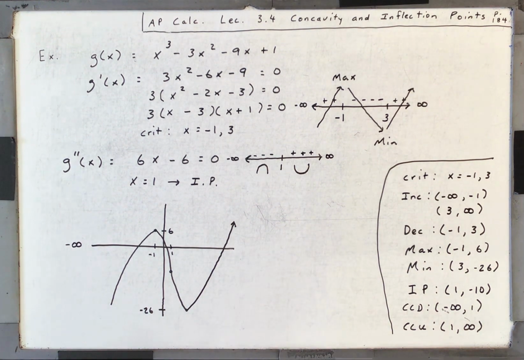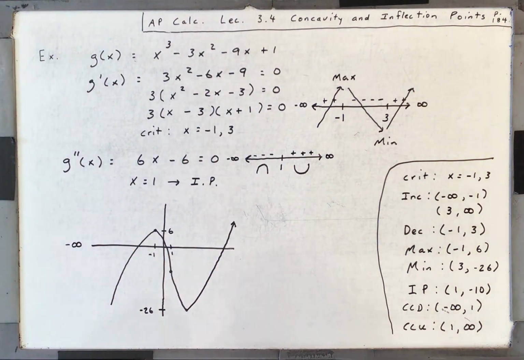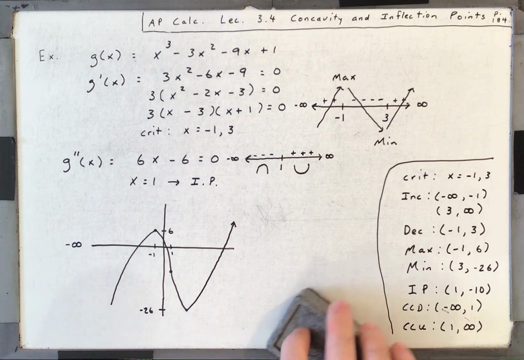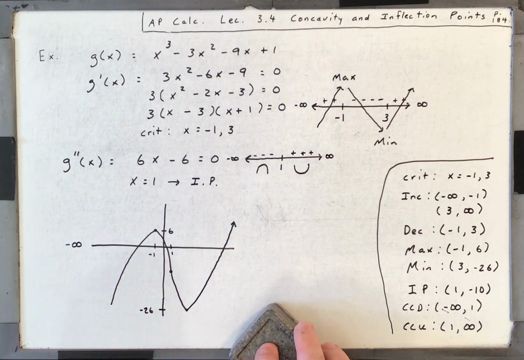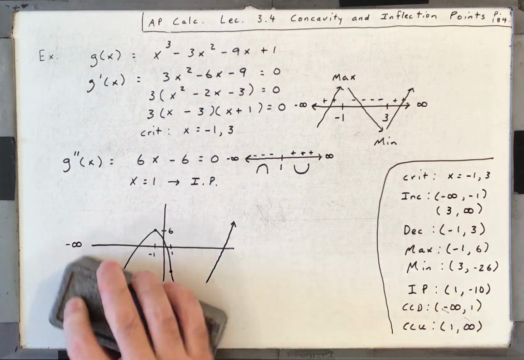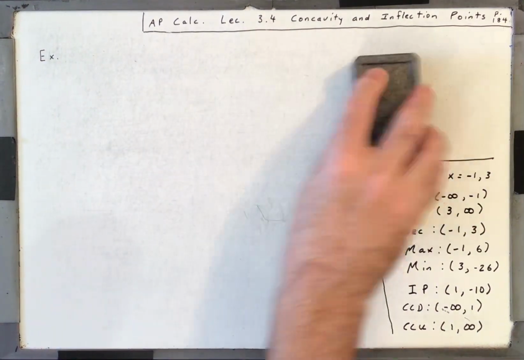All right, so then you can check it in your graphing calculator and see if you're on the right track at least. Your graph doesn't have to be perfect, but it does have to be correct in terms of where it's concave up, where it's concave down, where the maxes, mins, and inflection points are. Okay, let's do one last example, and then we'll talk about the homework.